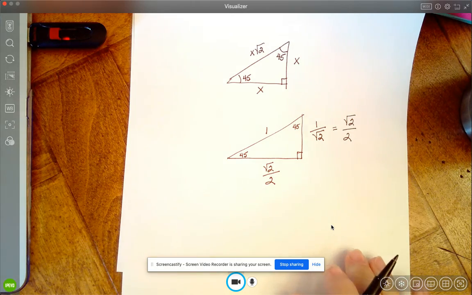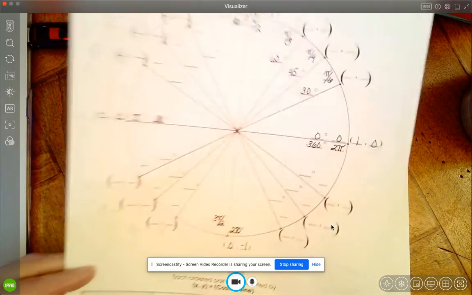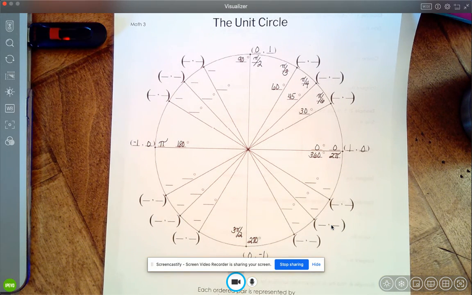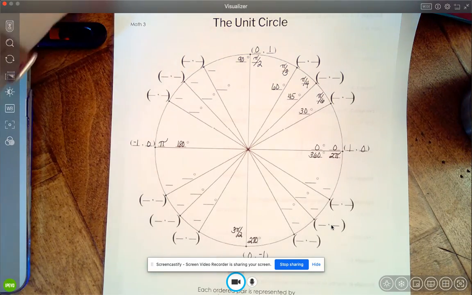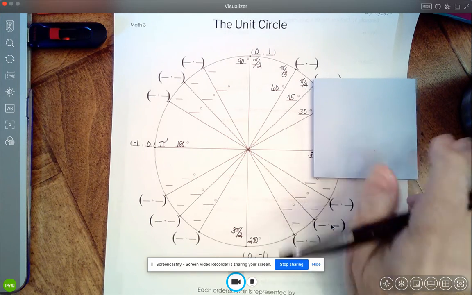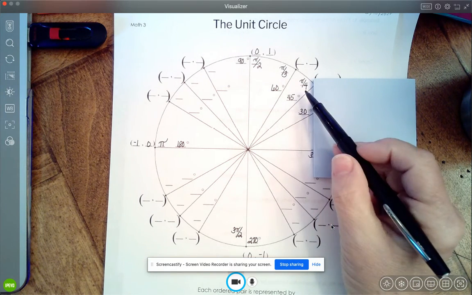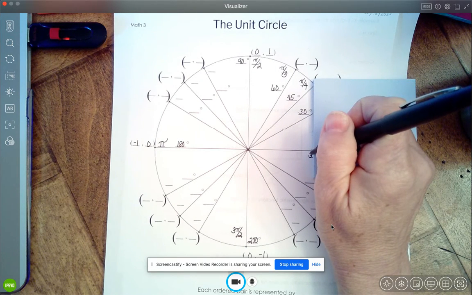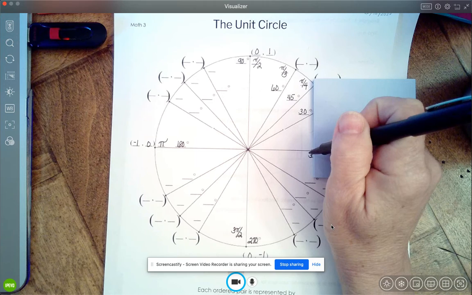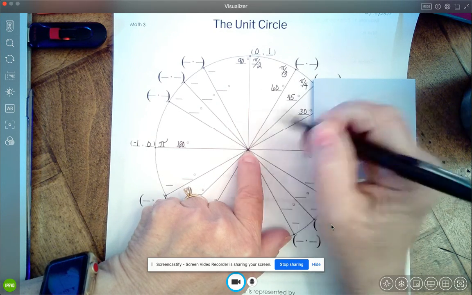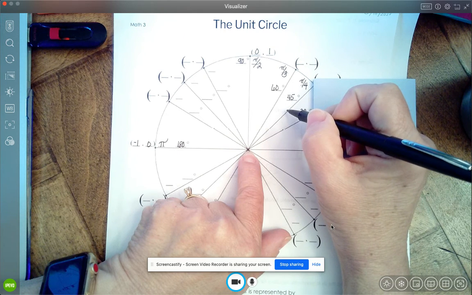What I want to show you here, let's come back over to our unit circle. Now, if I take a piece of paper, I know that this right here is 45 degrees. If I were to draw something straight down here, this is my 45 degree angle. Here is my 0, 0, and I'm given that this right here is 1.